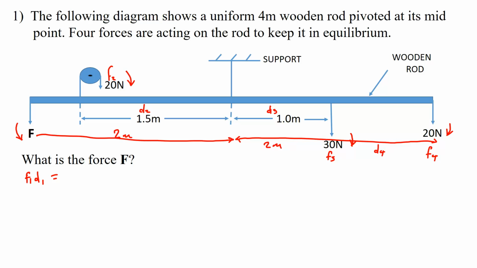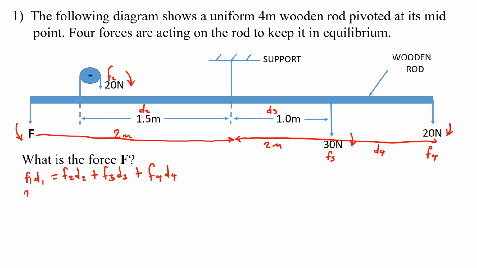So let's write F2 D2 plus F3 D3 plus F4 D4. We can now replace what we have. So the F1, we said it is F, and then the distance 1, it is 2 meters.